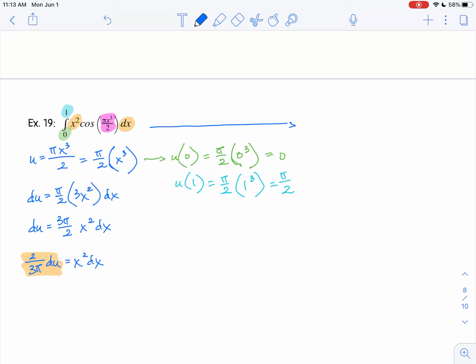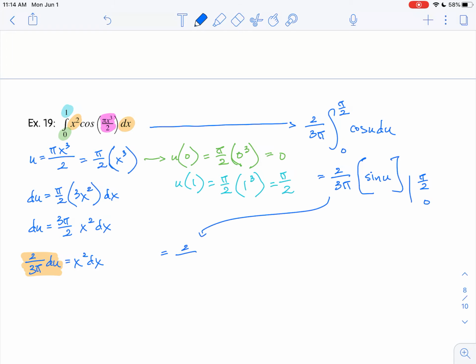So I now have a coefficient in the front of 2 over 3 pi, the integral from 0 to pi over 2 of cosine u du. All right? Now the integral of cosine is going to be sine, so I get 2 over 3 pi sine u, and I'm going to plug in pi over 2, and I'm going to plug in 0.